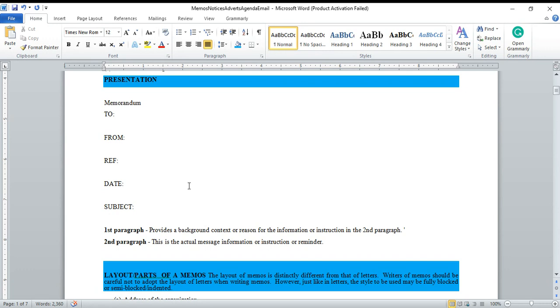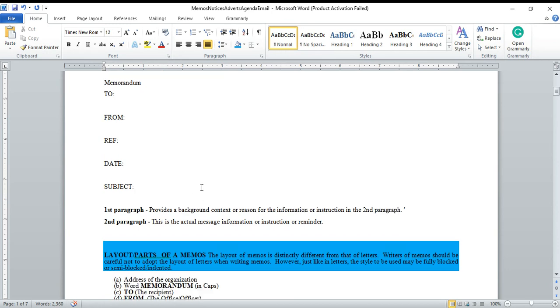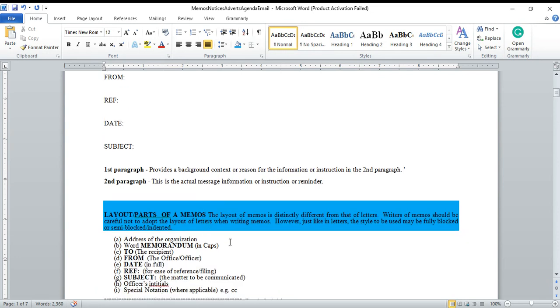Usually, the date taken is the date that the memo will be pinned on the notice board, or the date that the memo will be emailed to other employees or staff.